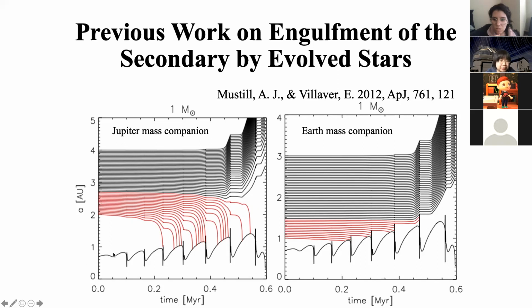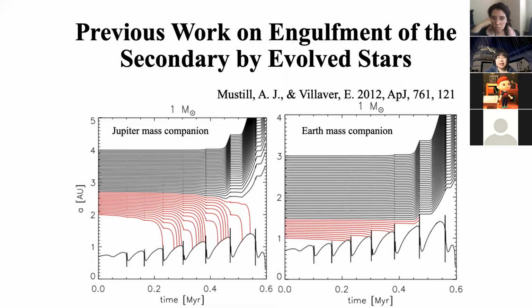We can also see the bottom black curve is the radius of the primary star itself, along with the thermal pulses. The red curves represent the case where the companion star is finally destroyed by the primary.